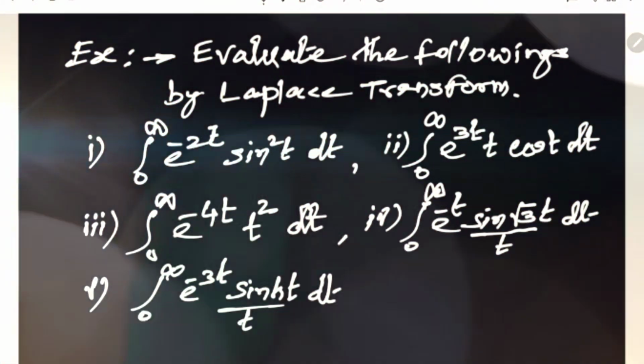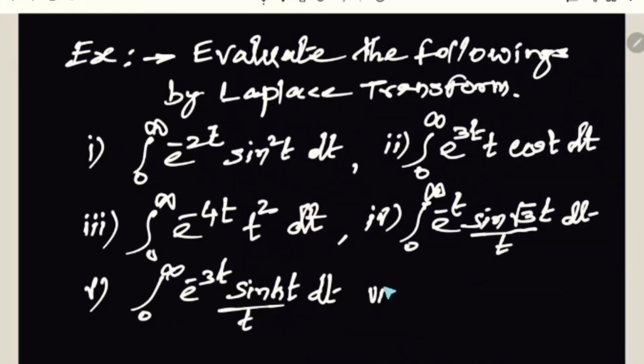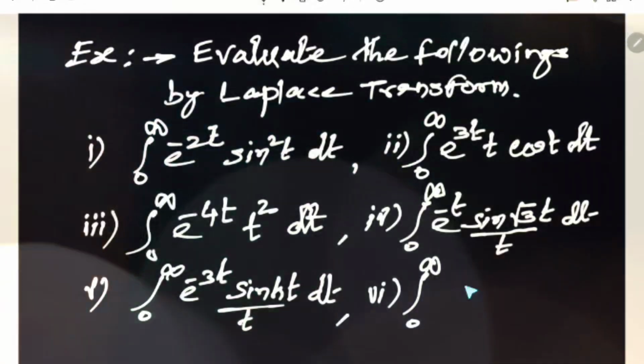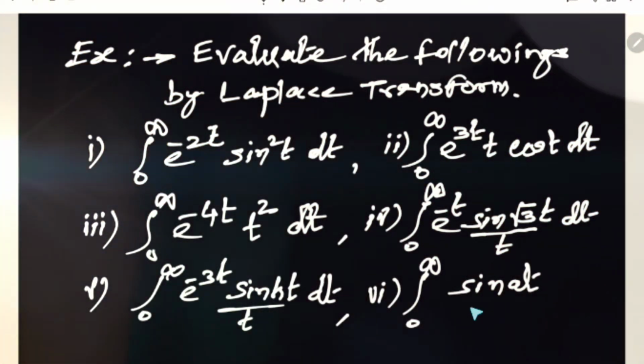And the last one, integration from 0 to infinity of sine at by t with respect to t. Therefore, there are a total of 6 examples. Watch the video up to the end for a clear understanding of all examples. I will go one by one.